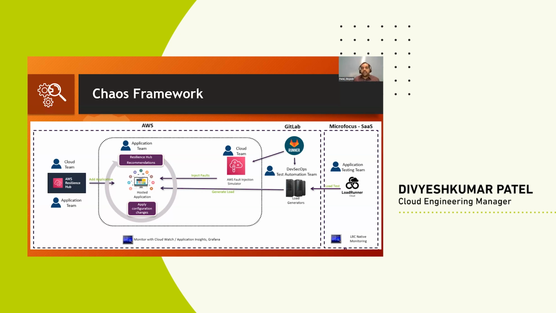But at the end of the day, the plan here is to use LoadRunner to generate the load on the application and at the same time inject the failures. Now, for injecting the failures also, you can use any fault injection tool. As I mentioned earlier, there are a number of tools available in the market. Any of those tools you can pick.